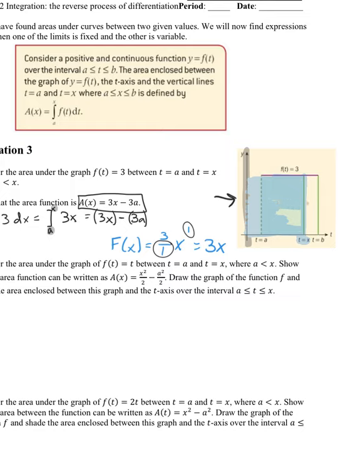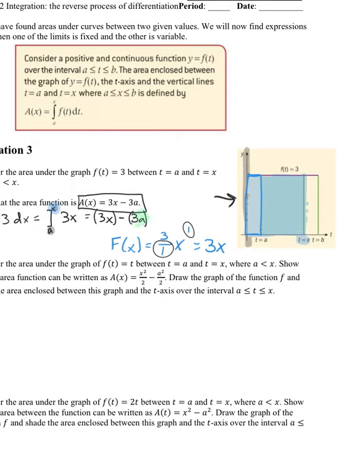As we can tell, when I'm looking for that whole area, which is just evaluating this x right here, I'm including a big part right here that I don't want included. So how do I get rid of that part? I have to do a little subtraction.